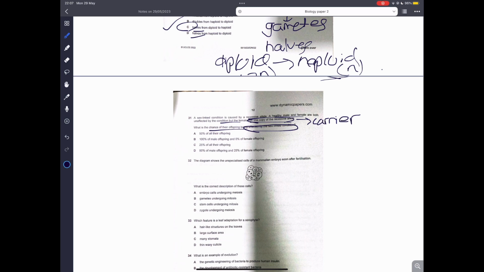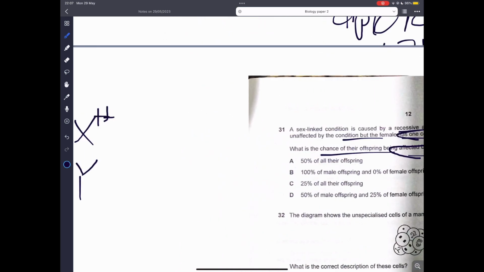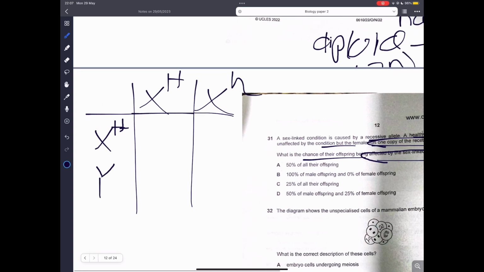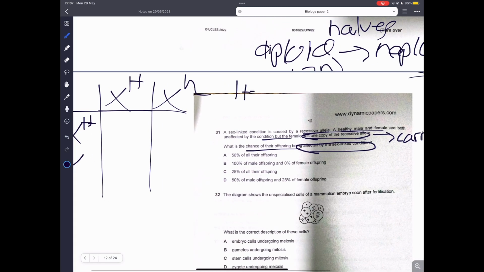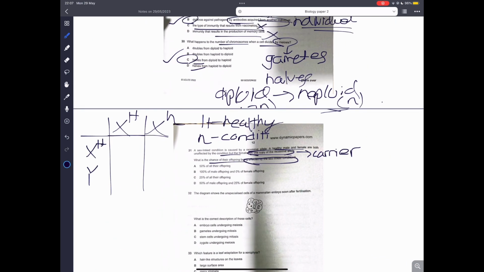Well, for this question, we always have to draw a Punnett square. And here we will draw the father, which is XY, and the mother, XX. And we will use a capital H to represent a healthy gene, and a small h for the recessive allele, in this case, the sex-linked condition.